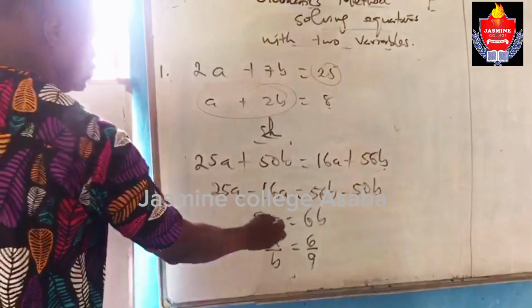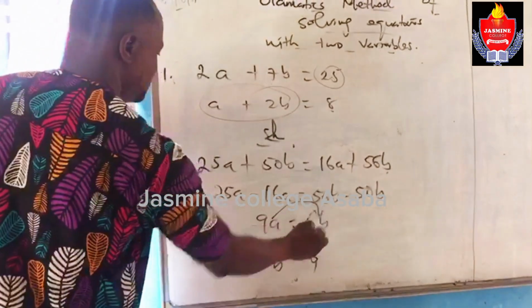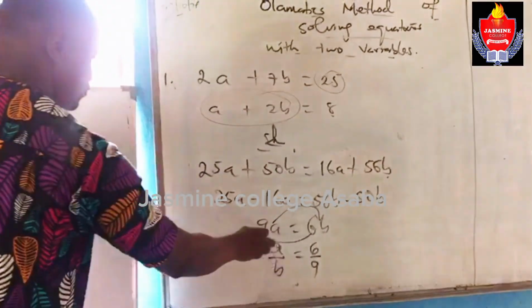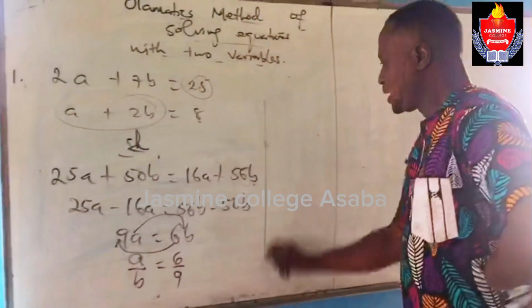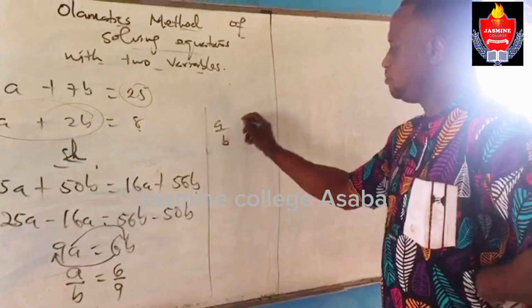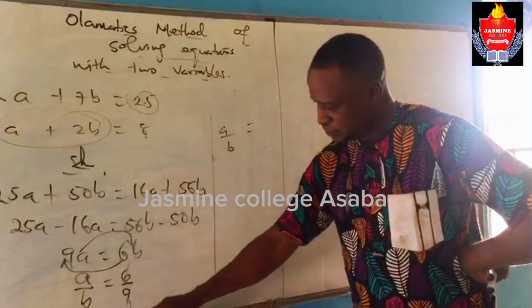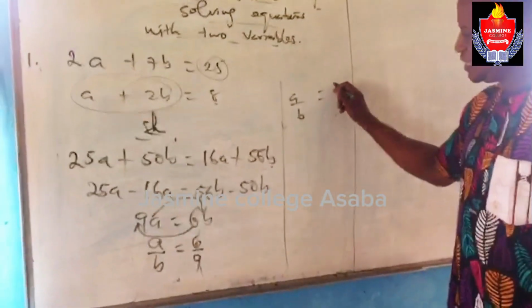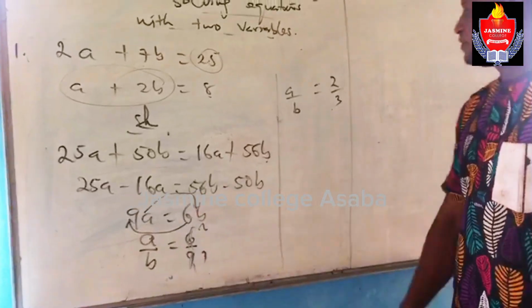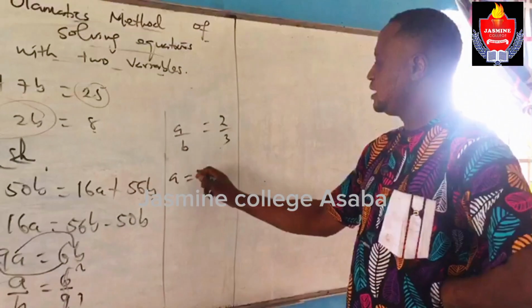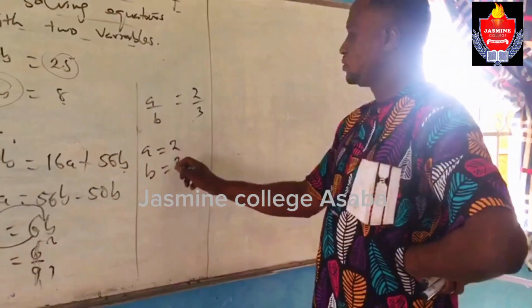Over 9. You do a over b here, and then do 6 over 9. So from here, we can conclude that a over b can be what? Now, upon reduction, this fraction, we should be having 2 over 3. So, obviously speaking, a is 2 and b is 3.